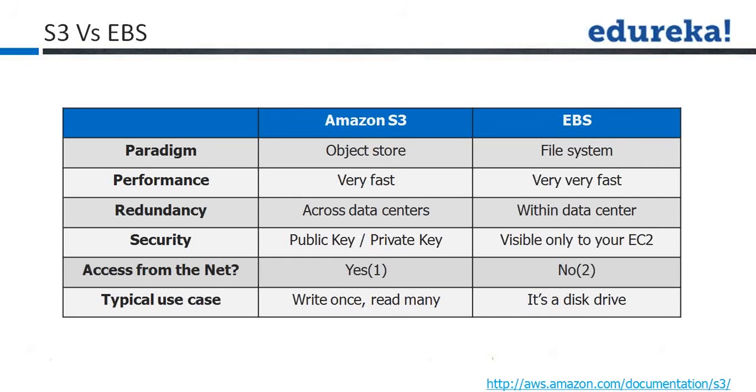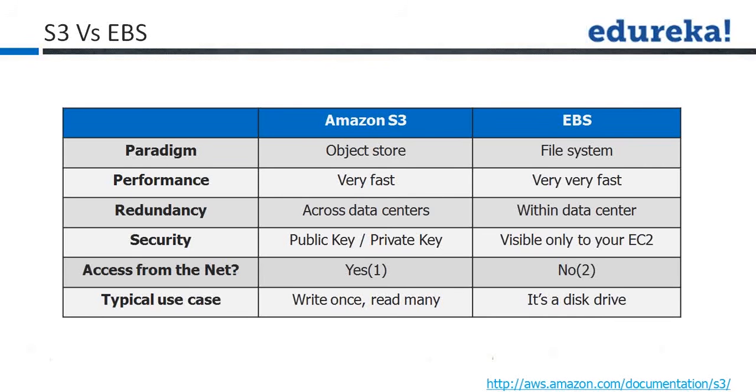Redundancy is an important aspect. See what happens in EBS, if you remember, it's zone specific. Whenever you make an EBS volume, the data is replicated for backup within that data center only, meaning within that zone only. If you remember the cluster and nodes concept I explained last week, it will be replicated within the same availability zone only.